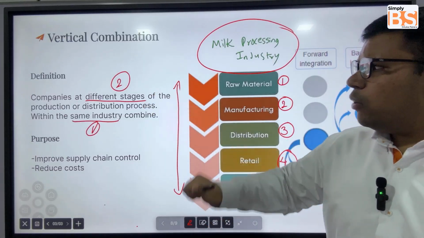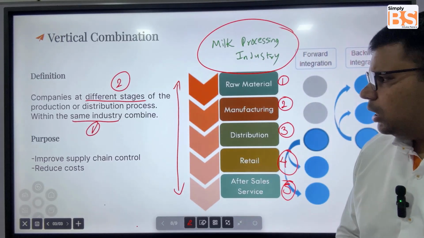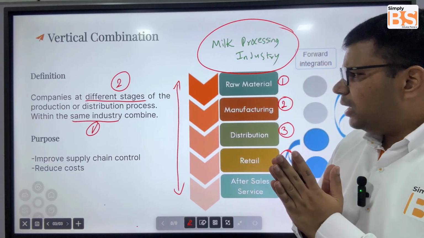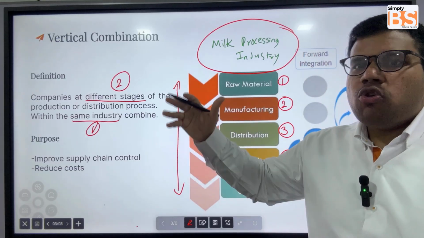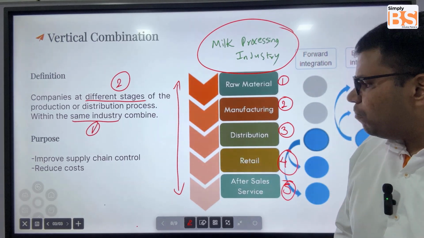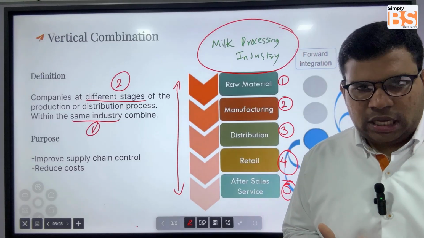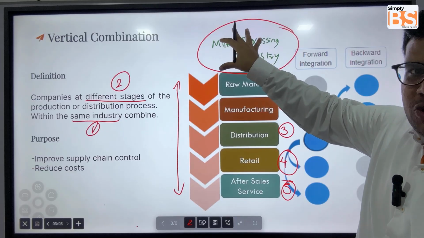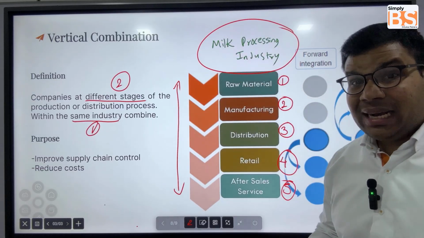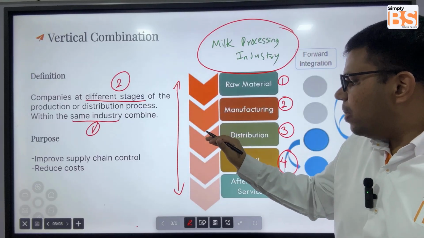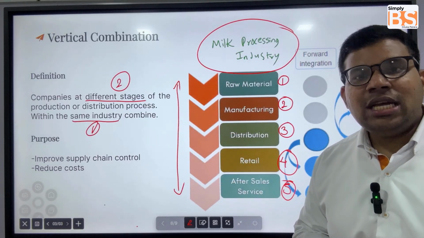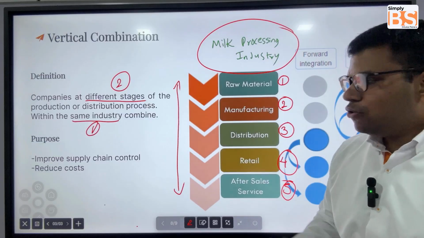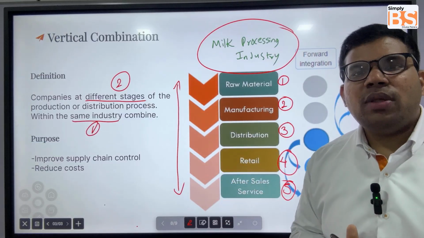As per the definition that we have elaborated, in a vertical combination the merger or the acquisition could occur in the same industry, which is the milk processing industry, but between companies at different stages of the process. So you have to have a very good understanding of the process.